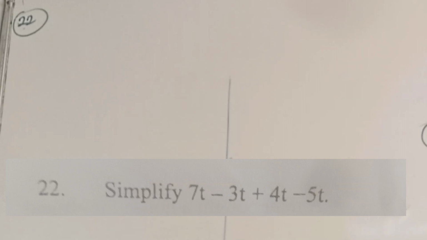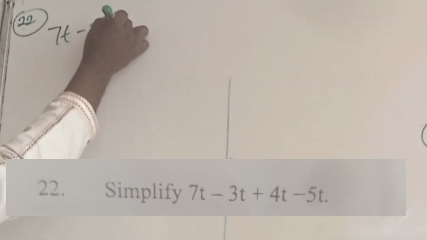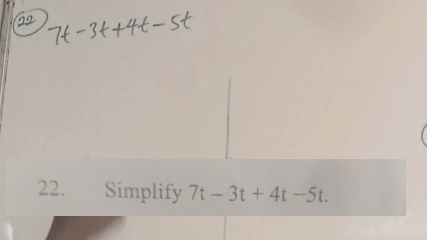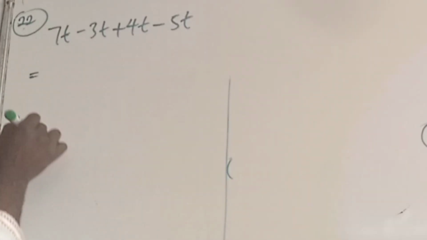Simplify 70 minus 3t plus 40 minus 5t, right? So what you're going to do here is combine the ones with positive.